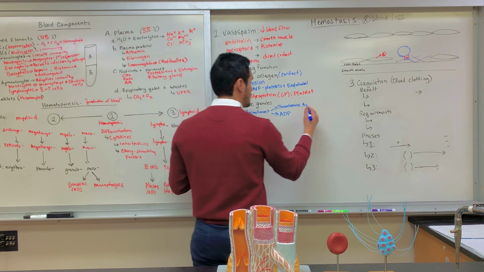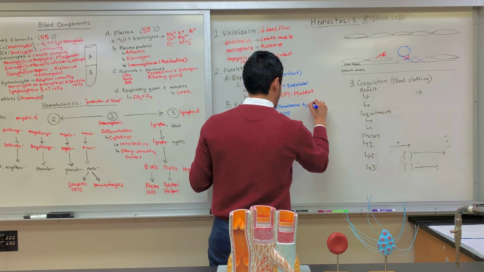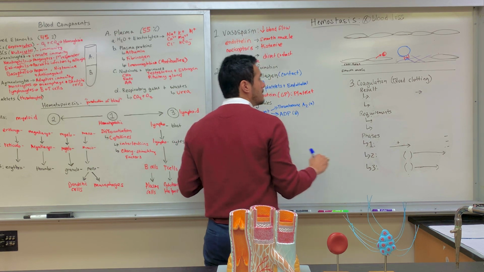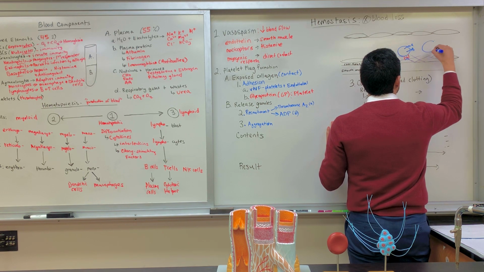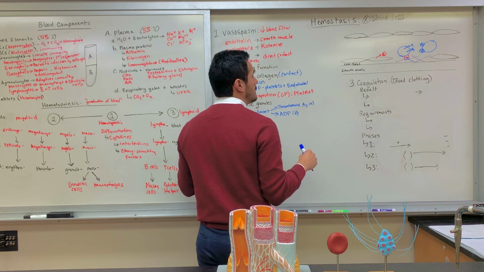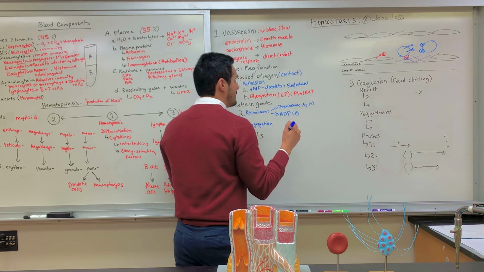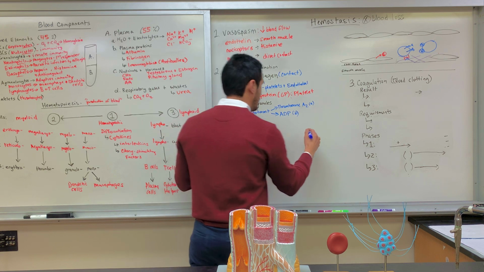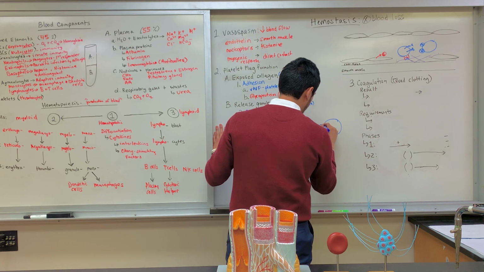Once they're released, I'm going to write, this will be A, and this will be B. Once it binds and releases A and B, thromboxane and ADP, they will then bind here at this particular platelet. Once it binds to this platelet, it gets recruited. Let me draw this: there's one platelet, there's another platelet here.